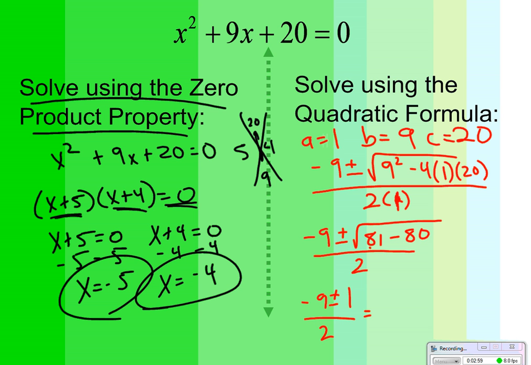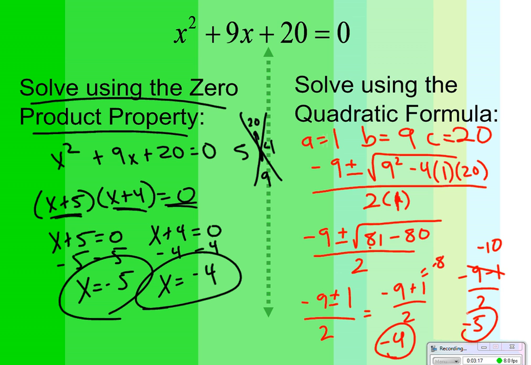This is where I split it: -9 plus 1 divided by 2, and -9 minus 1 divided by 2. -9 plus 1 is -8, divided by 2 is -4. -9 minus 1 is -10, divided by 2 is -5. So once again, -4, -5, which matches what I got on the left.